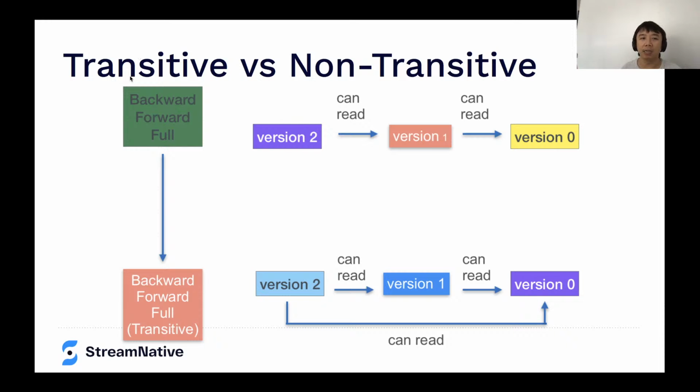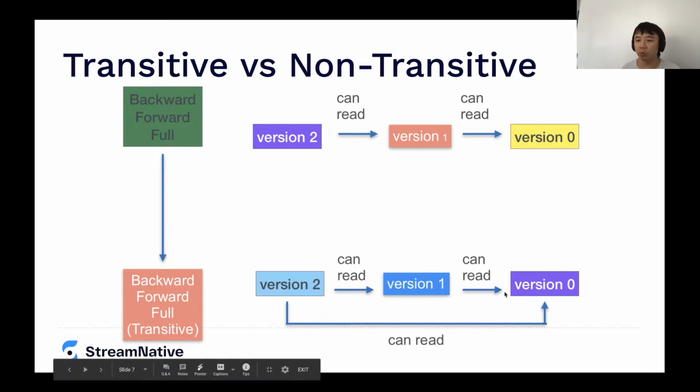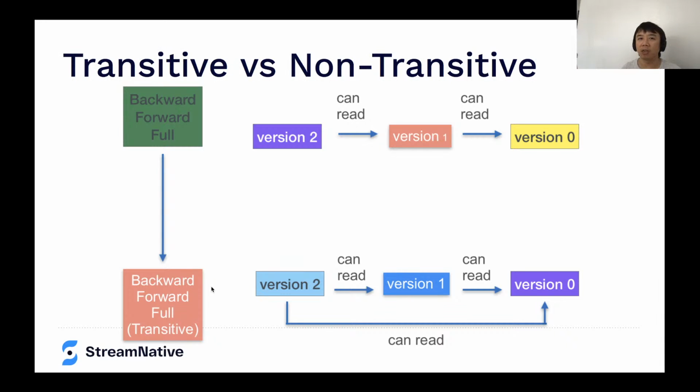So this is the backward, forward in full. But if you want to ensure version 2 is able to also read version 0, that means you need to apply a transitive compatibility check strategy.